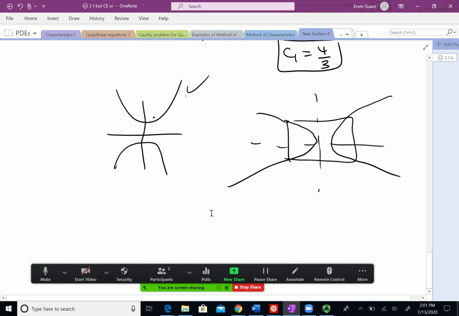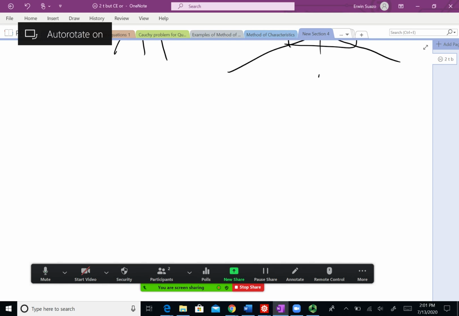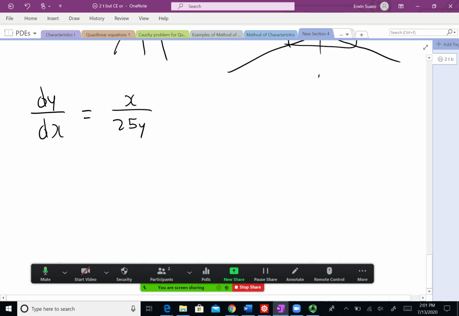So let's solve it. So we need to solve the problem dy/dx equals x over 25y. So as I said, we use separation of variables.